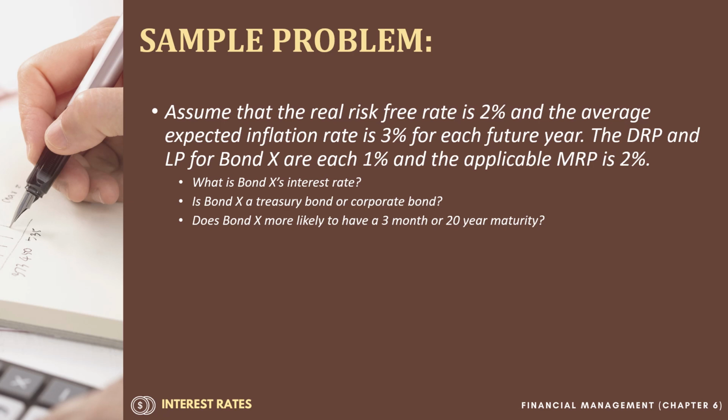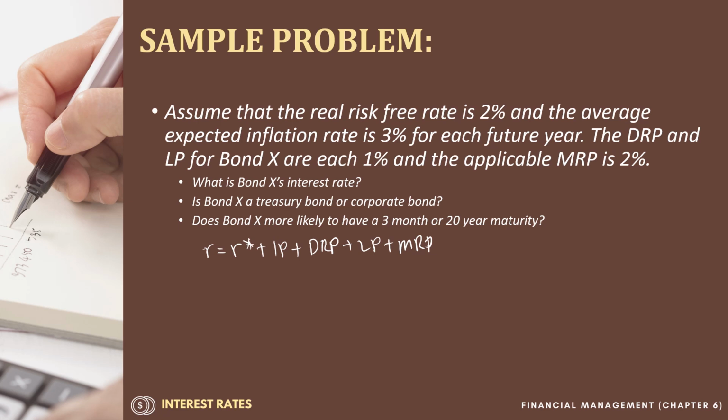Again, the equation for the interest rate or the nominal interest rate is as follows. So R is equal to the real risk-free rate plus the inflation premium plus the default risk premium plus the liquidity premium and then the maturity risk premium.